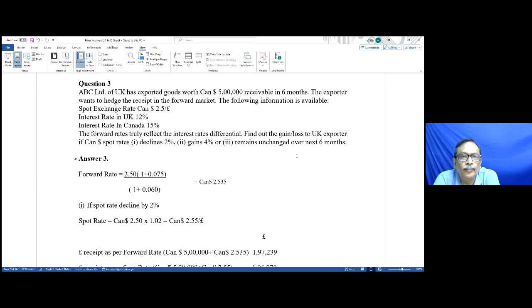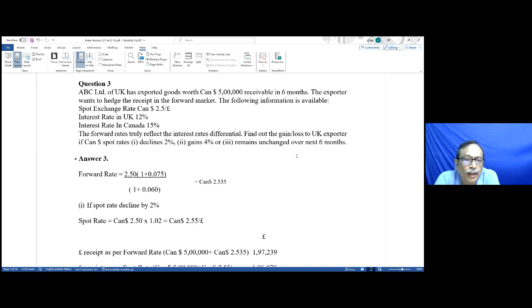So by the by, looking into the question, our first task will be to calculate the forward rate by applying 2.50 multiplied by 1 plus 0.75.